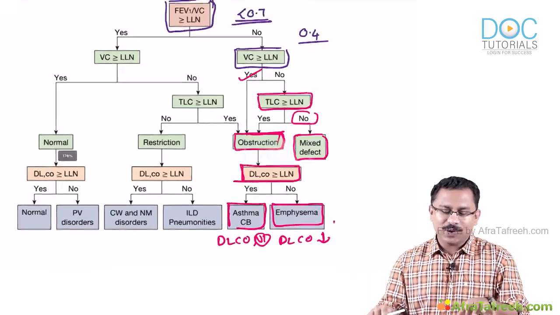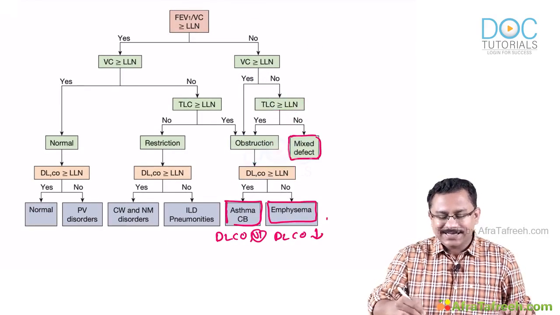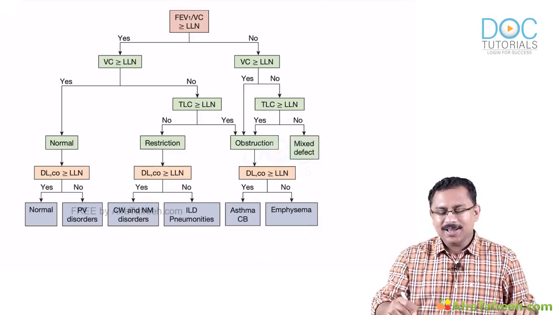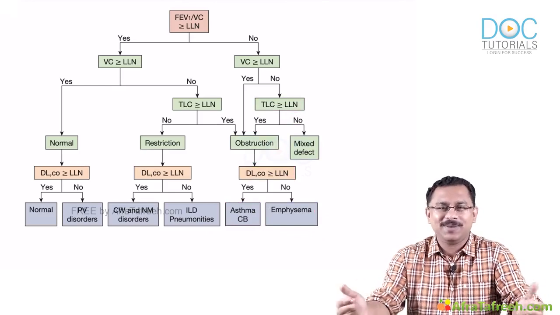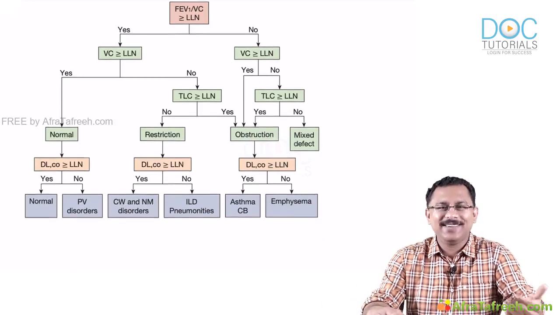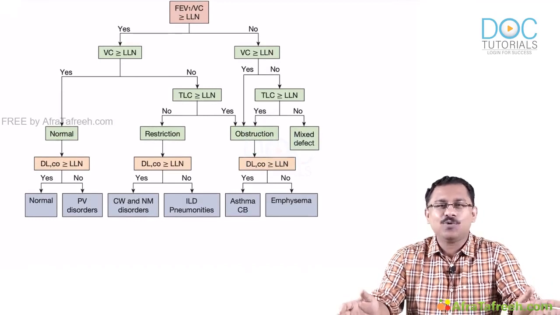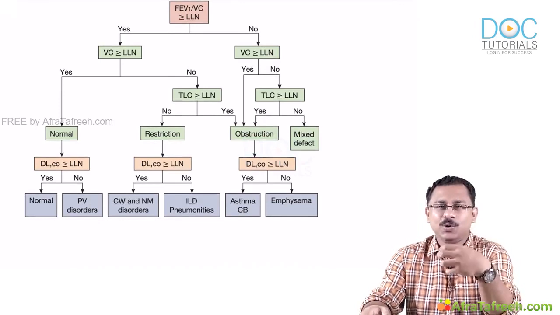So are we very clear with this flow chart on the basic pattern recognition in obstructive and restrictive lung disease as well as pulmonary vascular disorders? When you have your spirometric values given as well as your DLCO values given, remember, go in a systematic order and make conclusions.